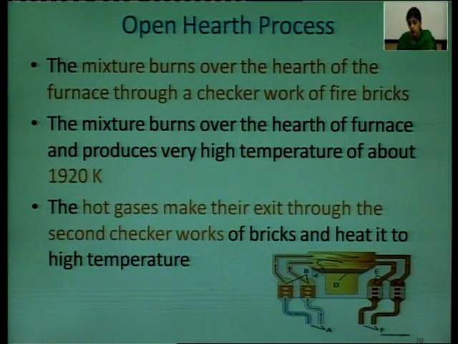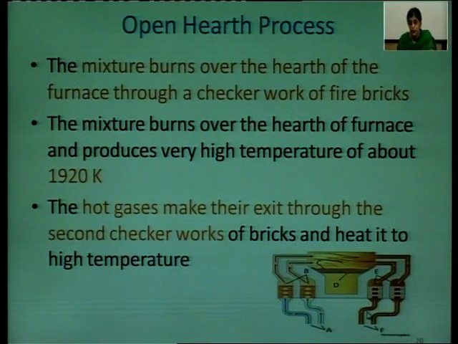At the hearth, the temperature will be approximately 1900 Kelvin. Just see the temperature, it is very high, a very large temperature. These hot gases make their exit through the second checker work of bricks. From here it is moving out.